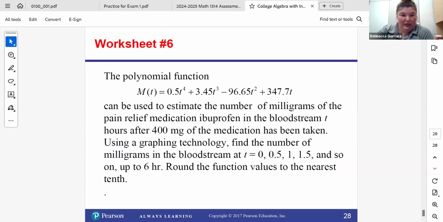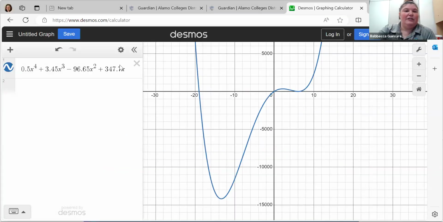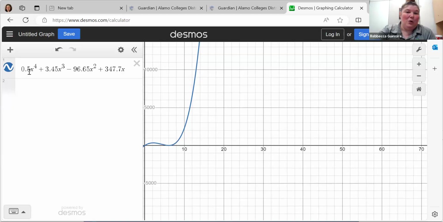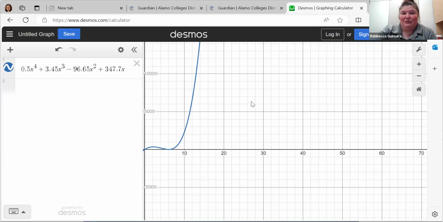So we need this. So this is your function graph. So it looks like this. So really the only part of this we need is this part right here, because we're only interested in what happens after you take medication.